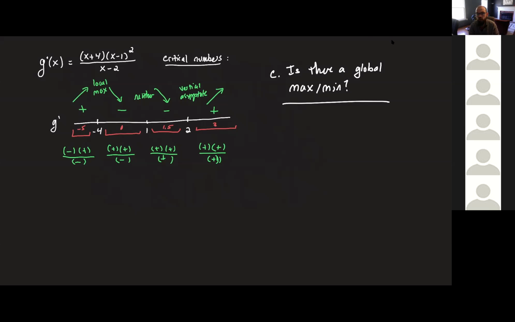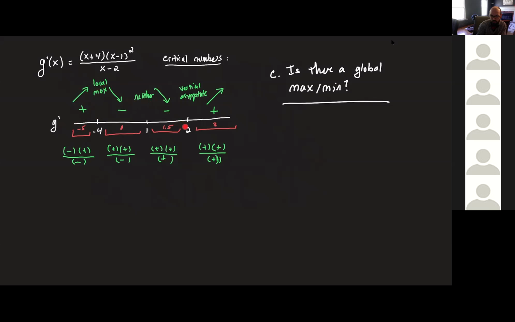Okay, so what we know is that values a little bit less than -4 are going to be smaller than this local max, and anything close to here is smaller than this local max. If I look to the left, from -infinity until -4, it was increasing. So the graph increases all the way through here till it gets to this point, then we're decreasing.